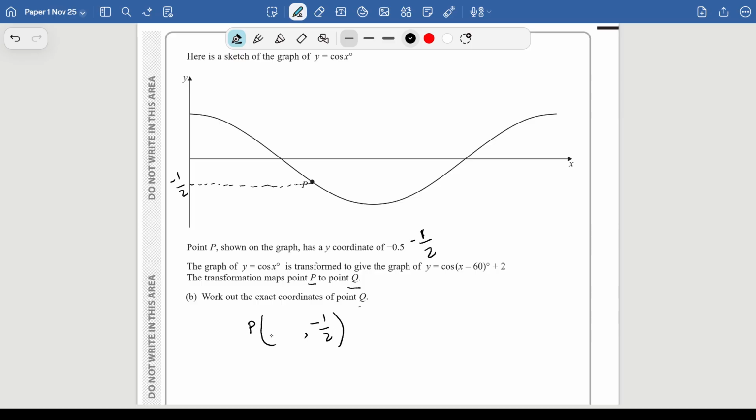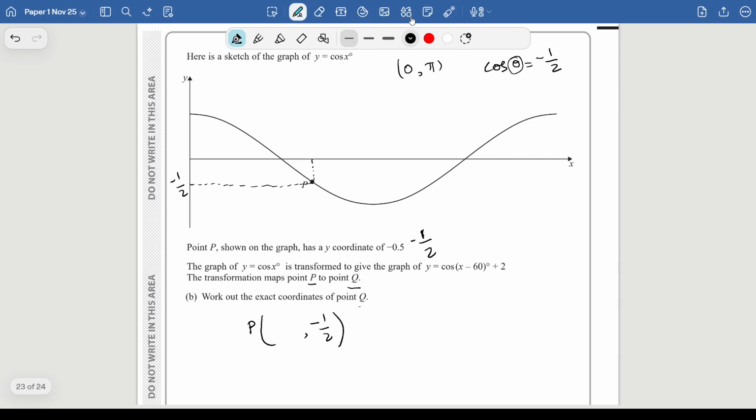What is its x value? We don't know. Now we know in the range between 0 to pi, if we try to find its reference angle, cos of what angle, using theta for the angle, is negative half? We are trying to find the value of x here.